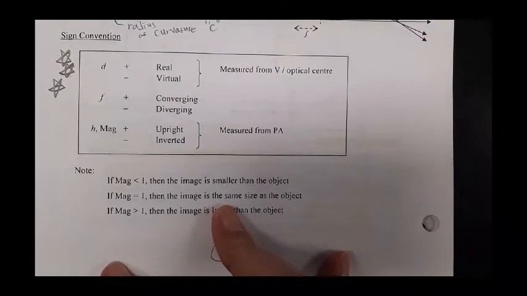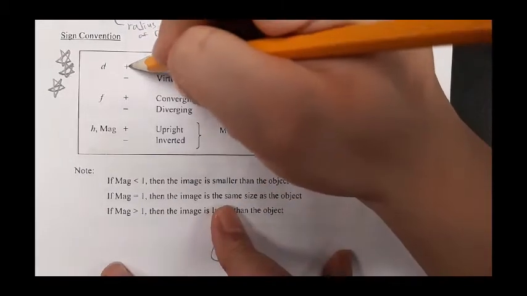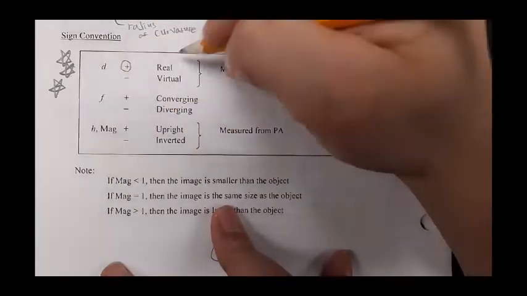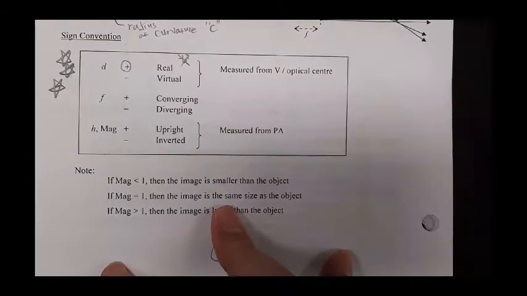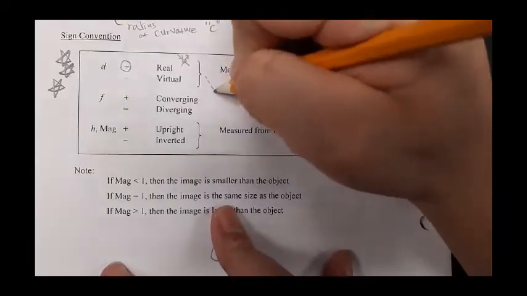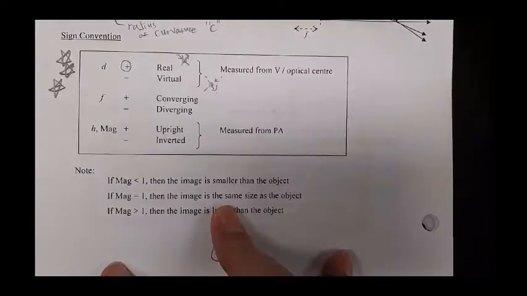In diploma, it plays a huge role too. For D, you have to use positive for the image if it's a real image, which means an intersection between the solid lines, versus virtual. If you remember, the dotted lines that intersect, those are positive and negative.